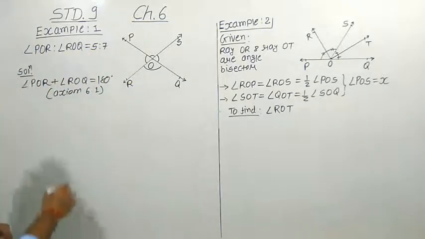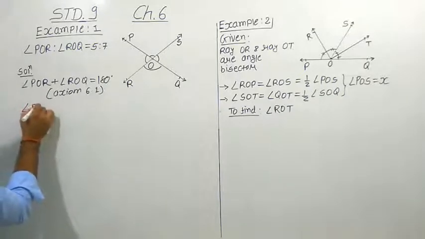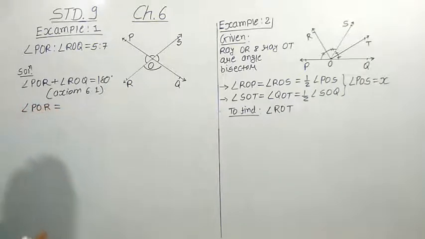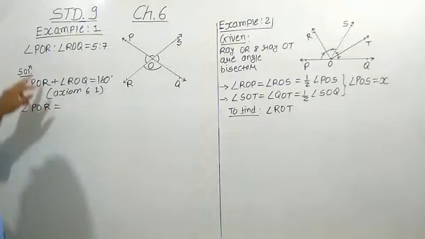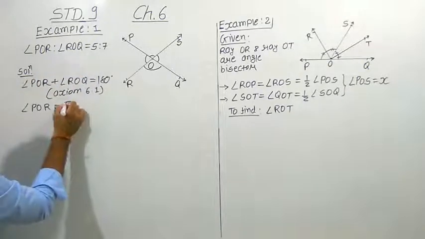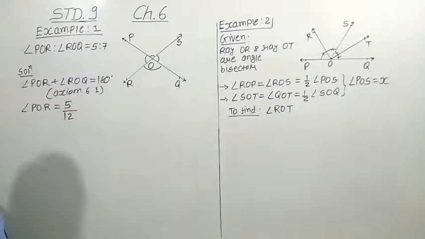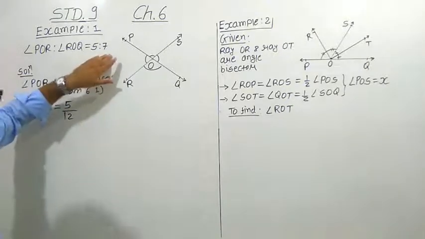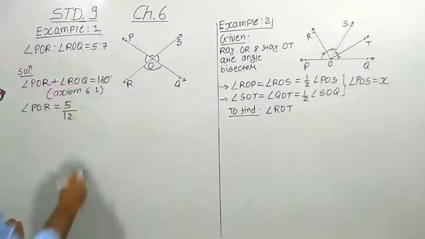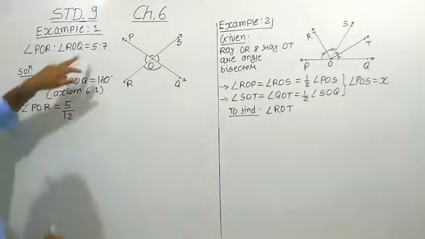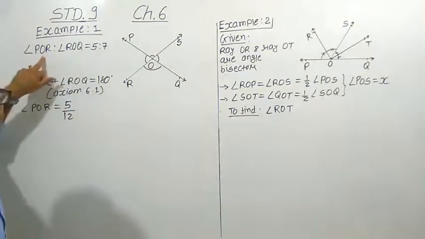Okay, so we can write angle POR is equal to, how much is the portion POR has? 5. And total is how much? 12. Total how many portions are we making here? 7 plus 5, that is 12. And out of that, 5 is for angle POR.